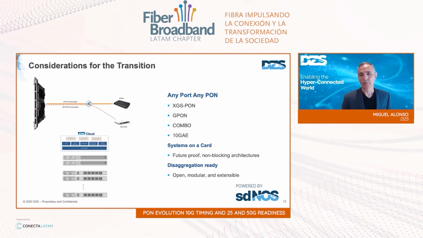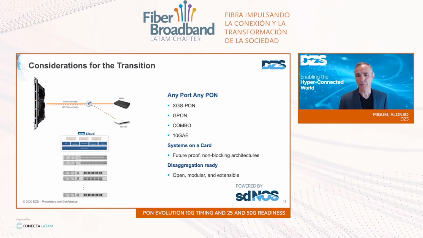The other key element of our approach to enable a seamless transition has to do with how we have approached the design of our OLT systems. We approach it using the concept of a system on a card. This is a future-proof way of enabling uplinks from the OLT directly on the OLT line cards.